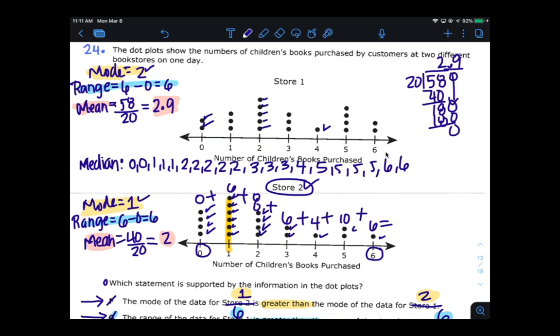And to find the median, we find the number in the middle of this list. So you cross out until you reach the middle, and that's how you get the median.